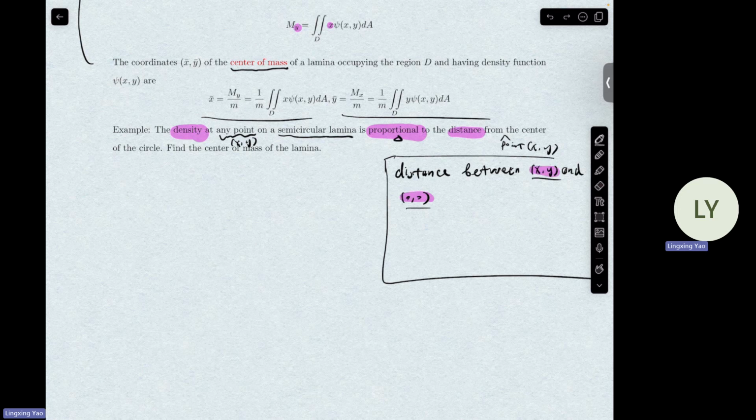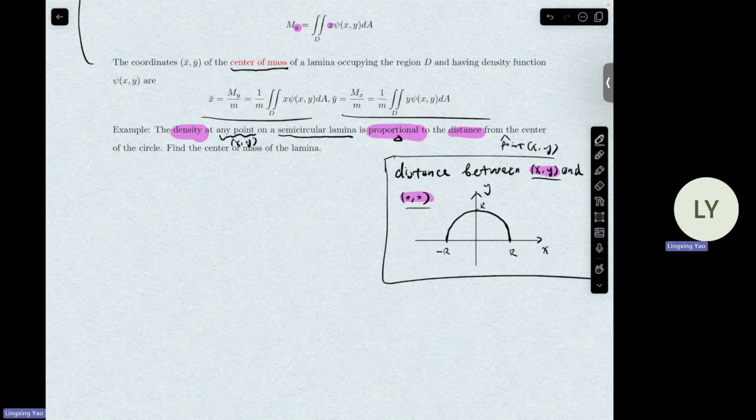Let me just draw it here. Suppose we have R as the radius. The semicircular region will look like this.